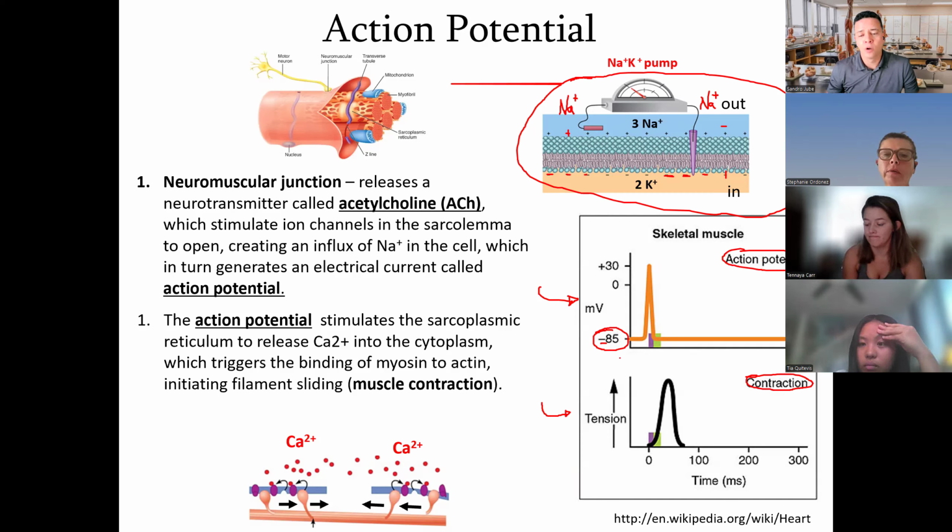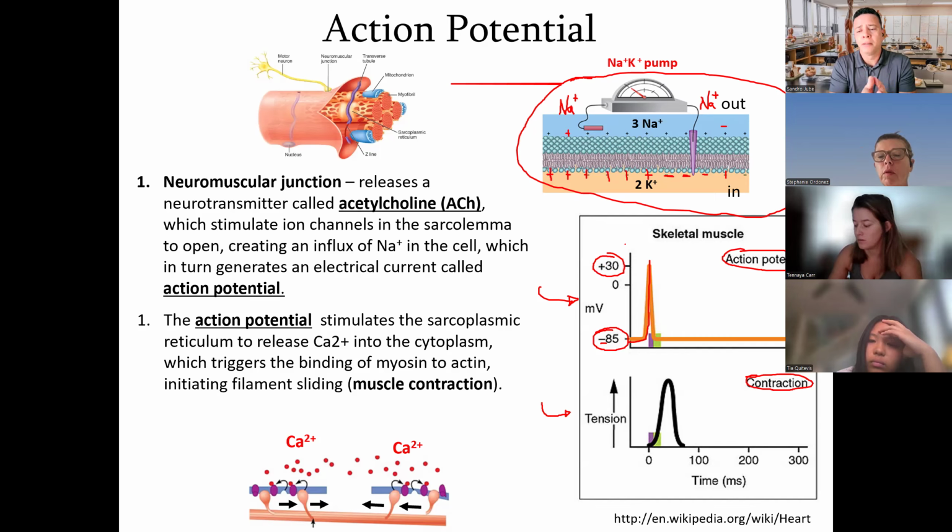The action potential goes from minus 85 all the way to plus 30 millivolts. What is that telling us, guys? It is telling us that inside the skeletal muscle is going from negative, minus 85, to positive, plus 30 millivolts.